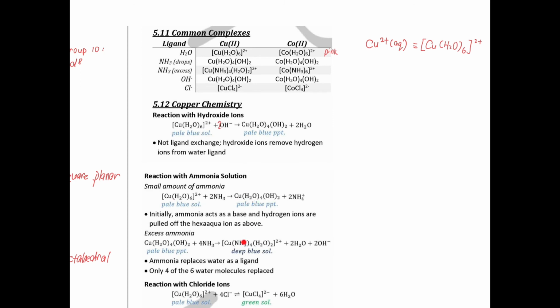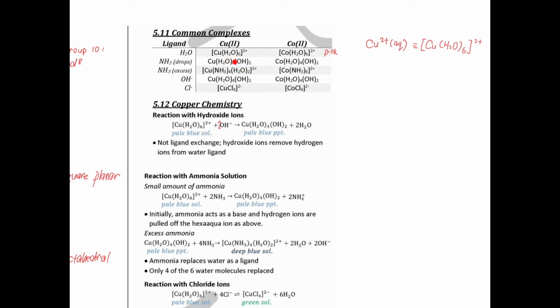When you put a lot of ammonia, the precipitate dissolves in water to form deep blue solution. You put a little bit, this is the thing. You put a lot, this is the product.